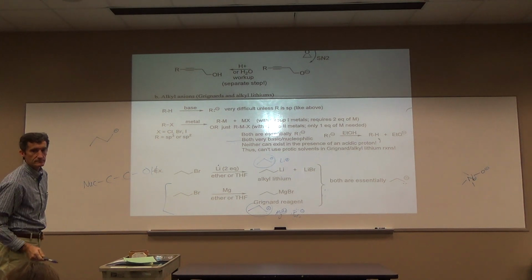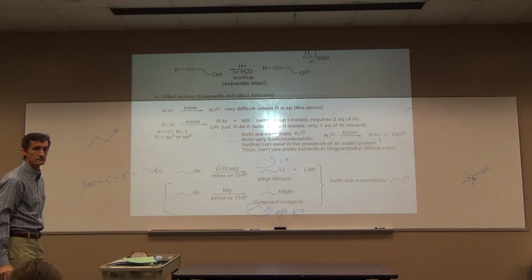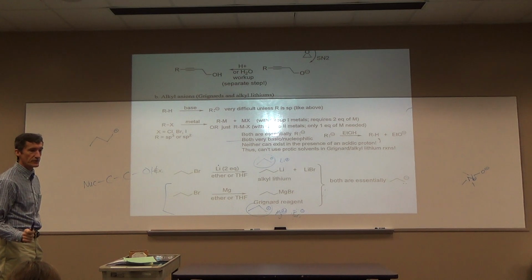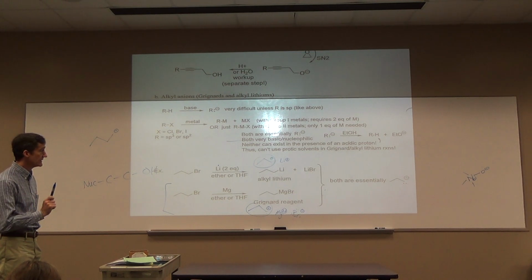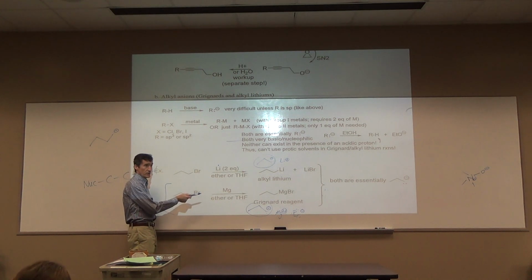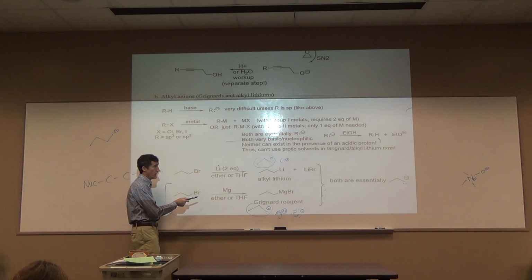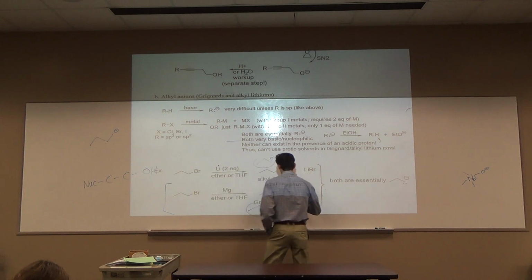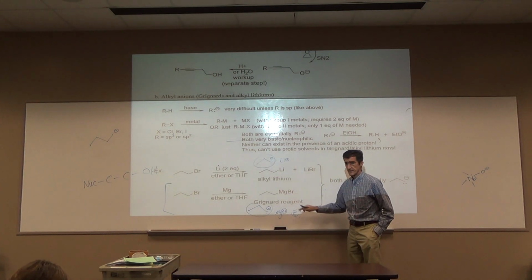Question? Group 2 metals only have one equivalent, so would you never see it with magnesium with 2 equivalents? Theoretically, you can get an outcome different from shown. With magnesium, usually you see it with one halide remaining.